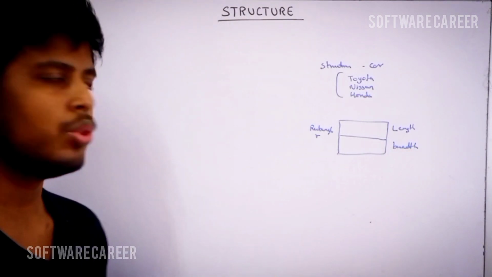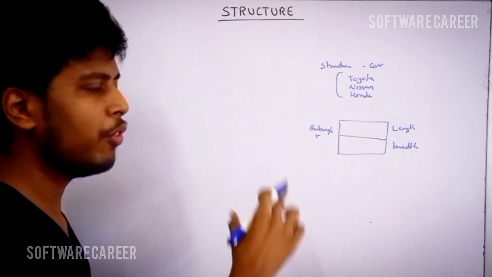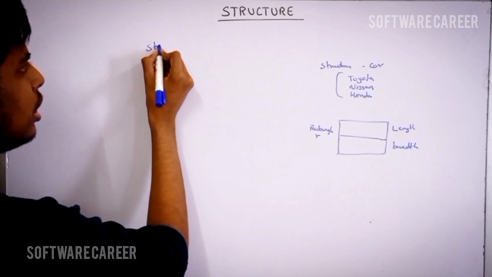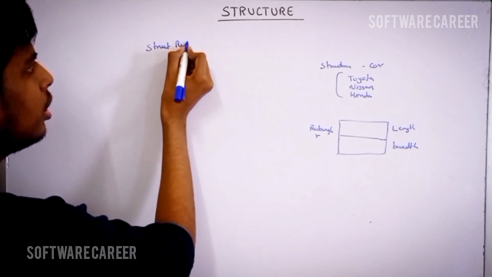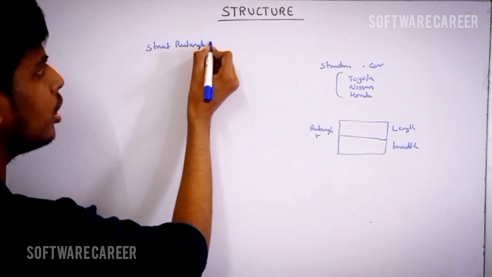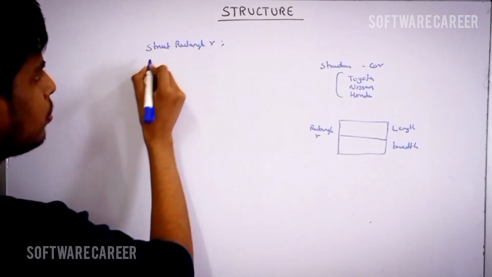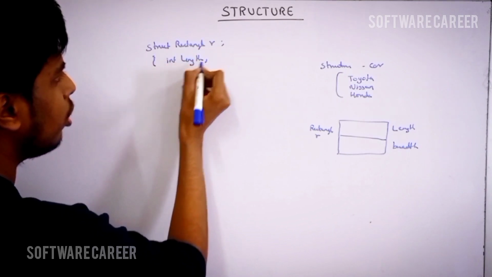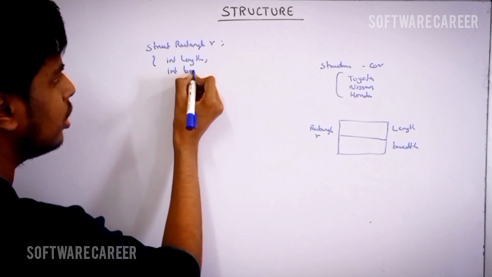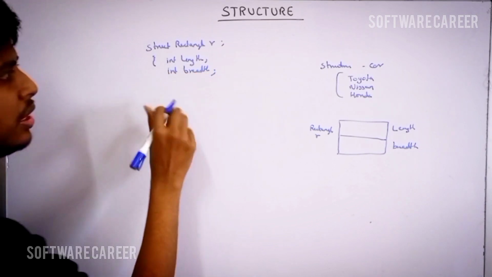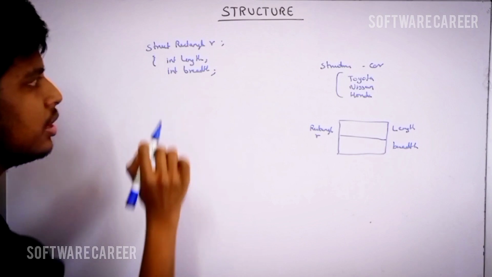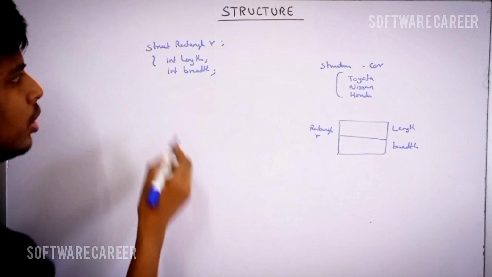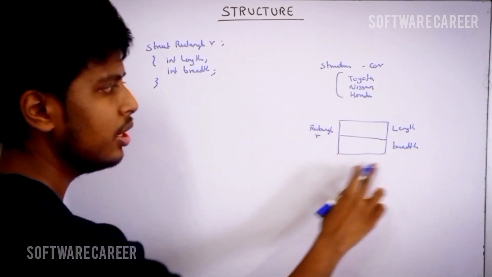Now let's see how to define the structure: struct rectangle, then in brackets int length, int breadth. That means it contains a length parameter which is an integer, and another parameter breadth which is an integer. Now you have defined the structure.